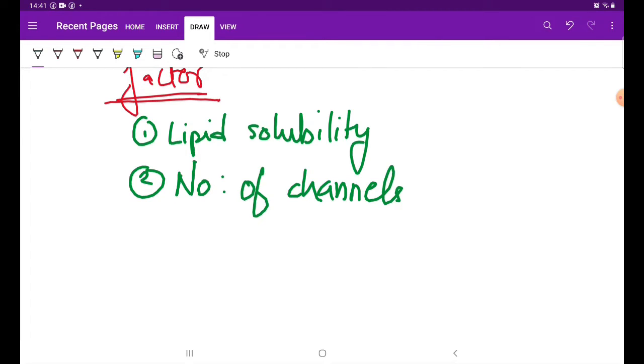So as number of channels increases, the transport by simple diffusion also increases. For example, the best thing is that potassium channels are more compared to the sodium channels, so potassium simple diffusion happens more compared to sodium in such a case.